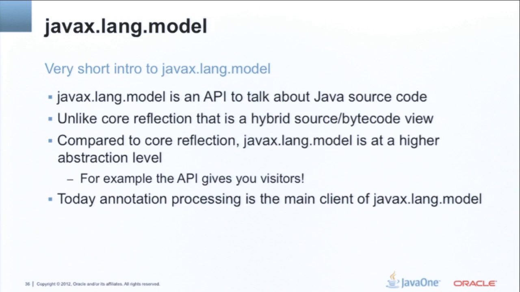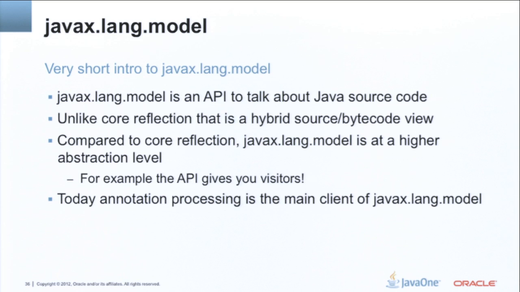javax.lang.model, or maybe I should just say the model API. It's an API to talk about Java source, unlike, for example, reflection, that also talks about your program, but is a sort of hybrid source-bytecode view.